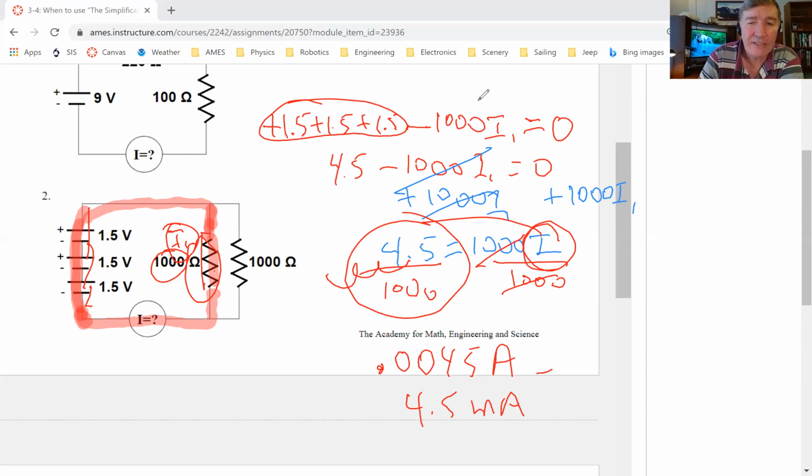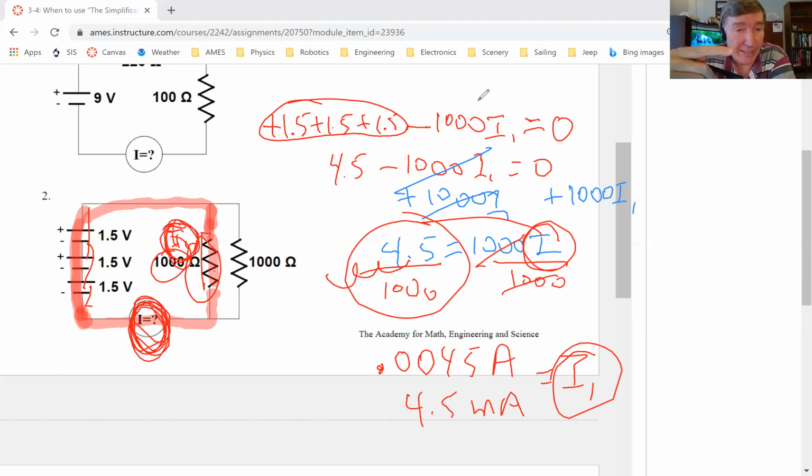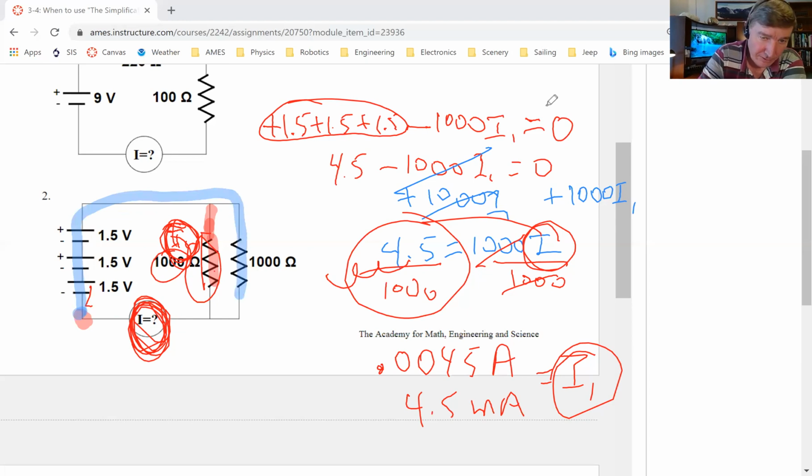But this is I1. That's not the current I asked you for. I asked you for this current. Okay, so Brandon recognized that. And he said that if we were to do the same thing that we did before, only this time we're going to go around this loop, well, the numbers are exactly the same.